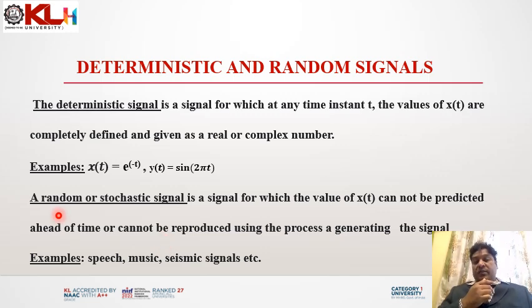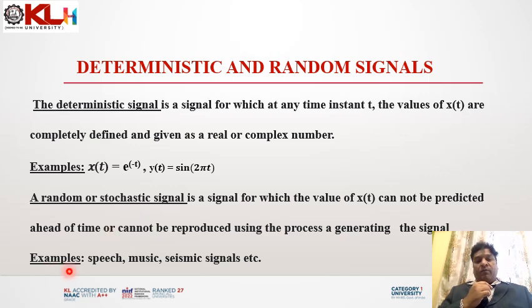So with respect to this random signal, there is a certain amount of uncertainty about the values of the signal. Therefore, it is called a random signal. Therefore, it is called a stochastic signal, because there is a lot of uncertainty about the values of the signal.